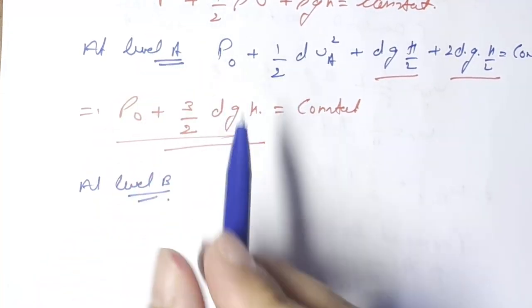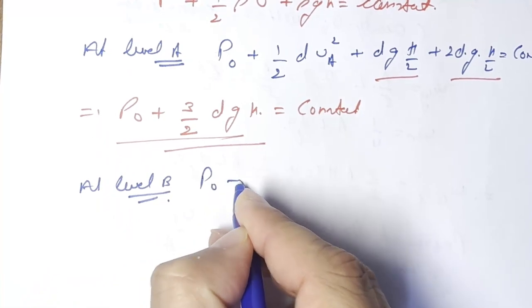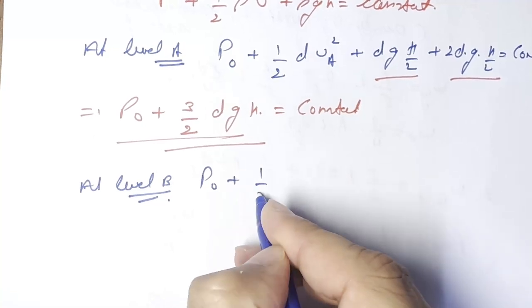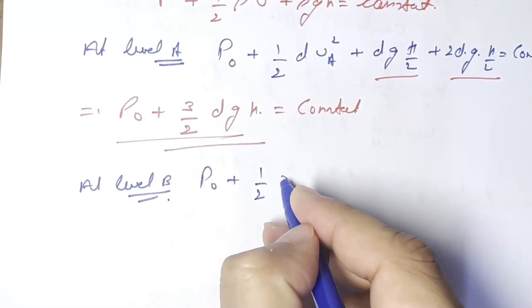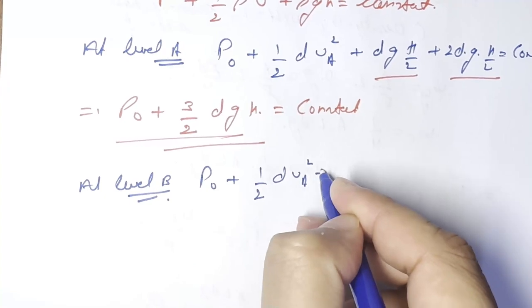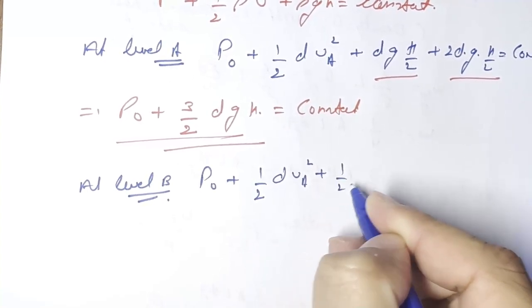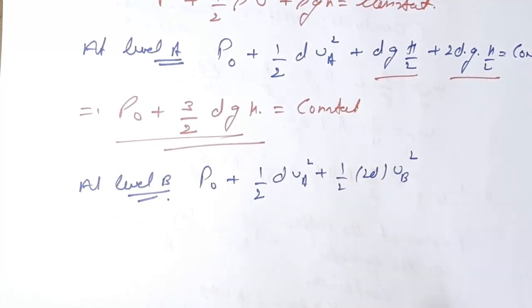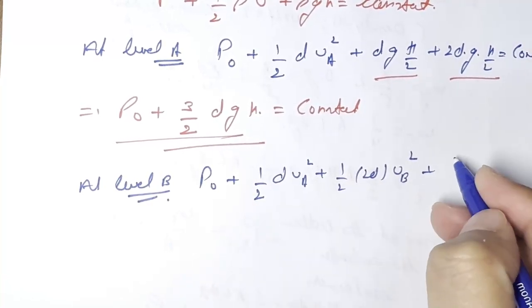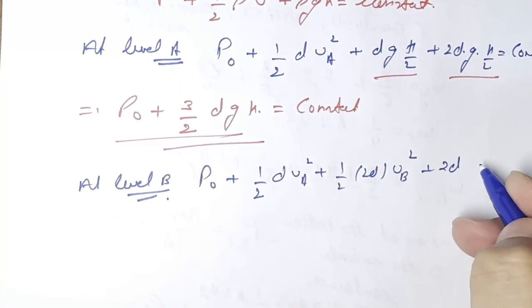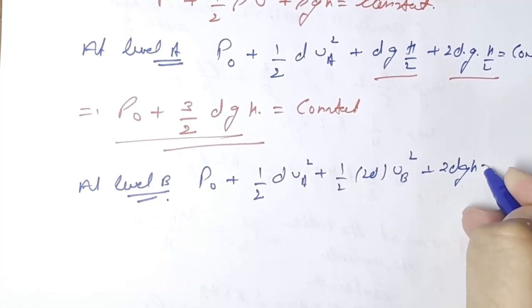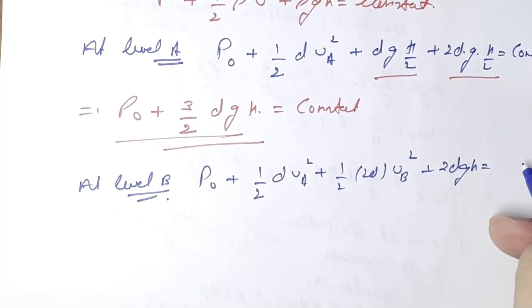So once again the pressure will be equal to P0 plus half dVA square plus half 2d VB square plus 2d gh is equal to constant.